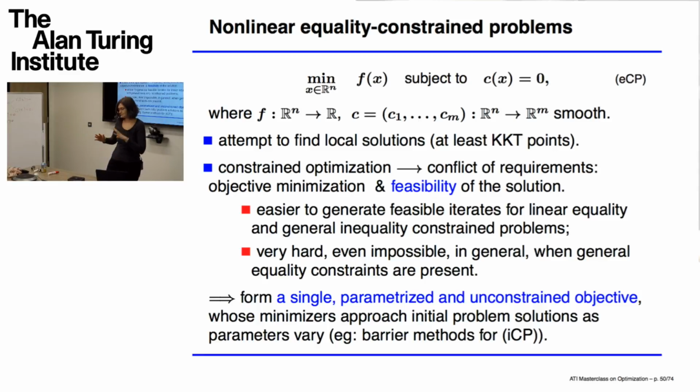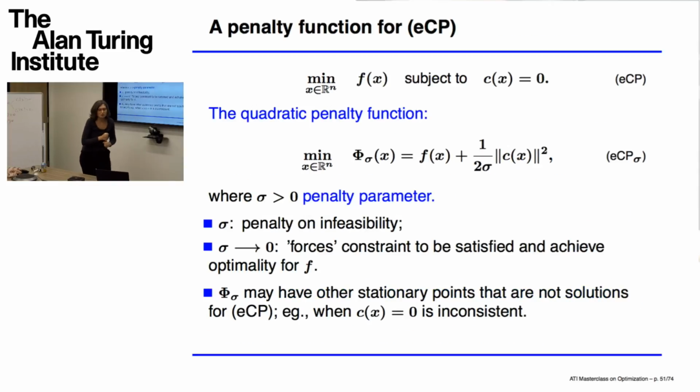So penalty methods. Just bear with me here, because I think this one you will be able to follow. So minimize this function subject to equality constraint, possibly nonlinear, non-convex, anything. So I will form a single parameterized family of unconstrained problems associated to this one.